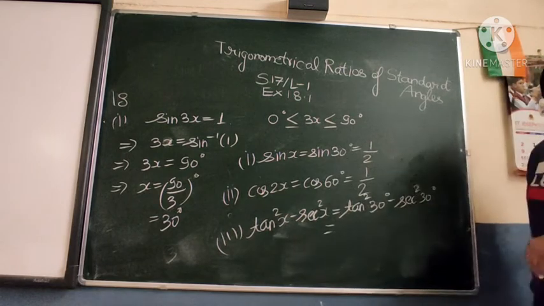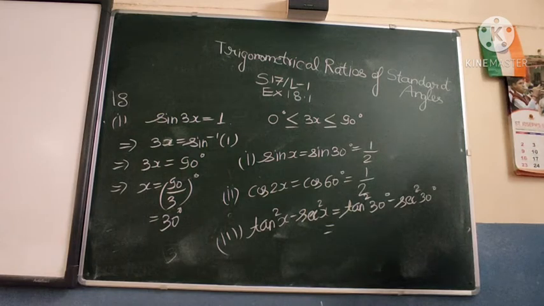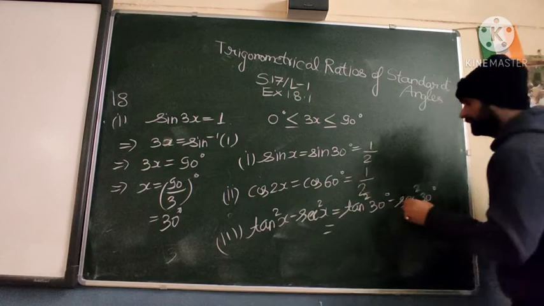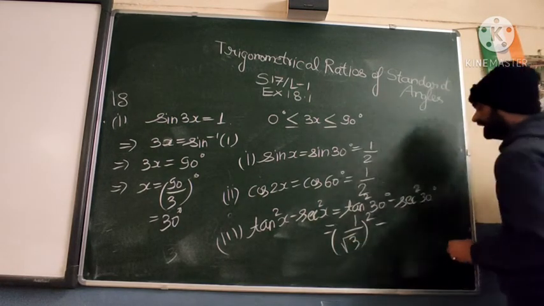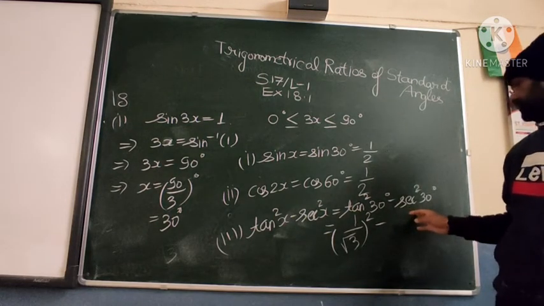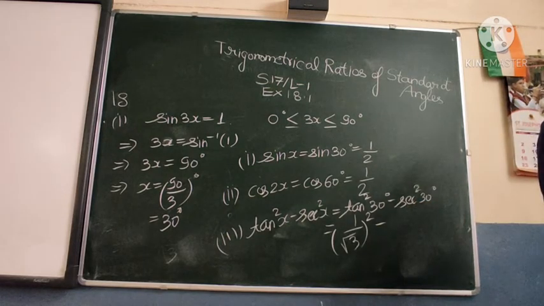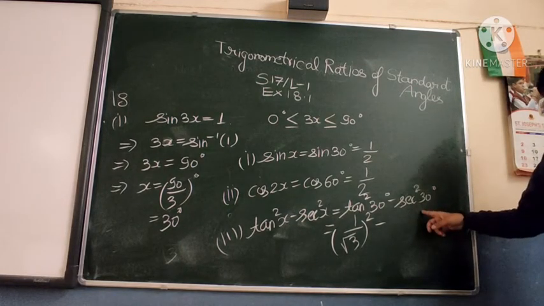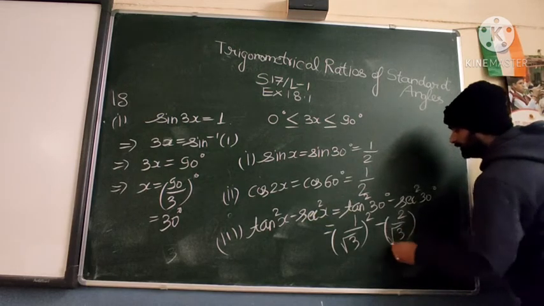Tan 30 is 1 by root 3, so 1 by root 3 square. Sec is the opposite of cos. So what is cos 30? Cos 30 is root 3 by 2. So the reverse will be 2 by root 3, and that also squared, 2 by root 3 square.